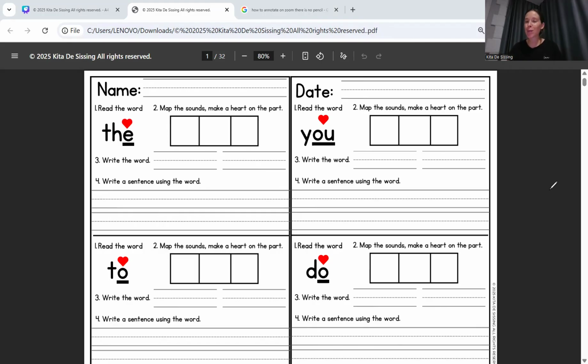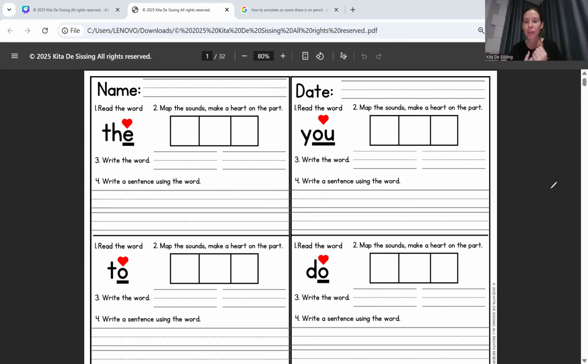Some programs would be calling them heart words, and the reason why they're called heart words is because they are parts of the word that we need to remember by heart. They don't follow rules that we've learned yet. And so our job is to analyze our words and see, okay, which of the parts of the word can we spell with the spelling rules that we know, and which parts might be something that we need to remember or think about.